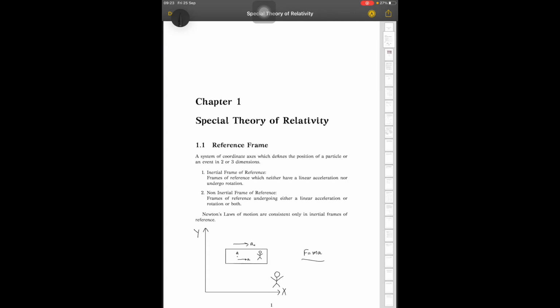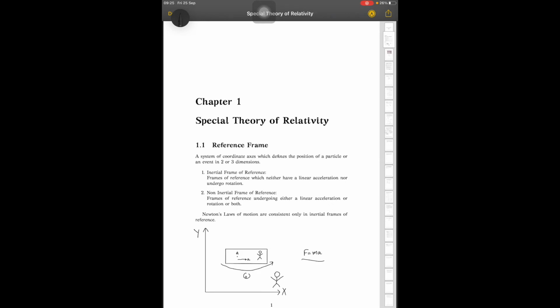So, the consistency of laws of motion does not hold in this case because from the outside perspective we would see the force F giving an acceleration a naught plus a, which is more than a.